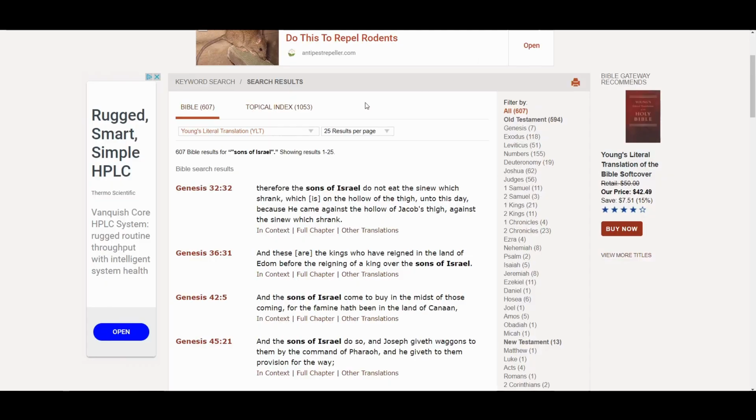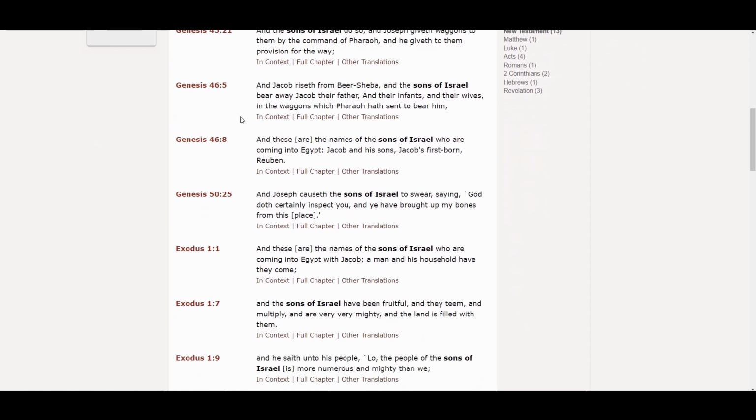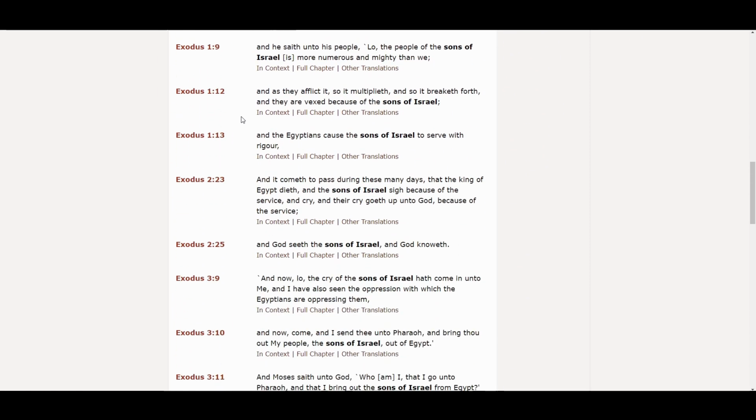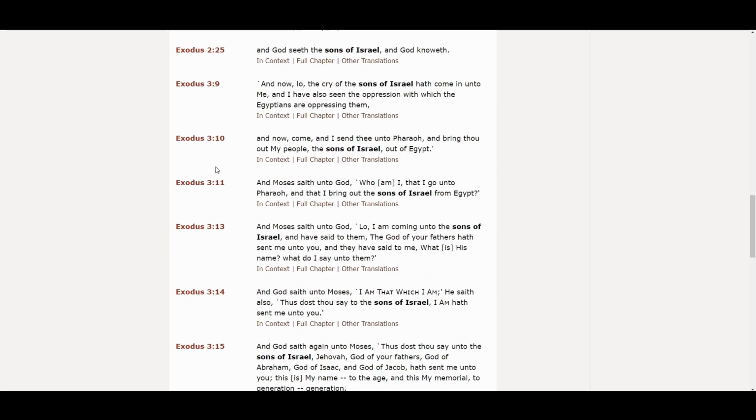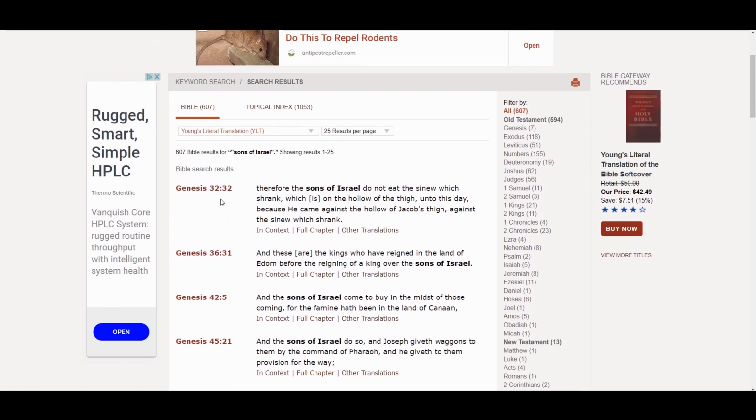But if you look at Young's literal translation, so this is very literal, you'll see over and over the term is sons of Israel, sons of Israel, all over the place. You have that phrase over 590 times in the Old Testament in Young's literal translation. So why did the King James translators translate that as children of Israel?